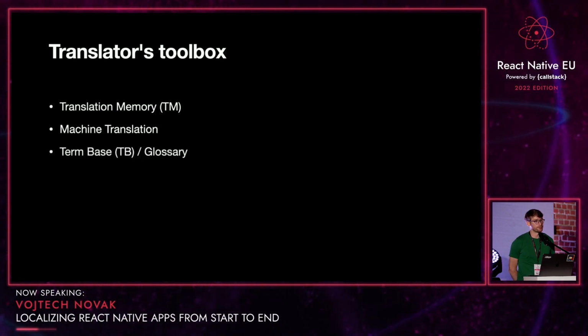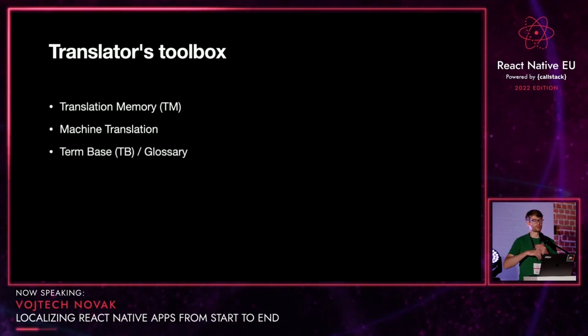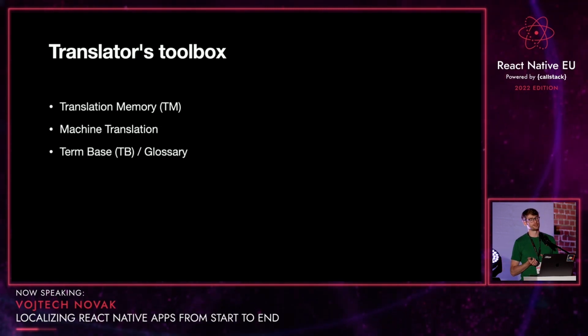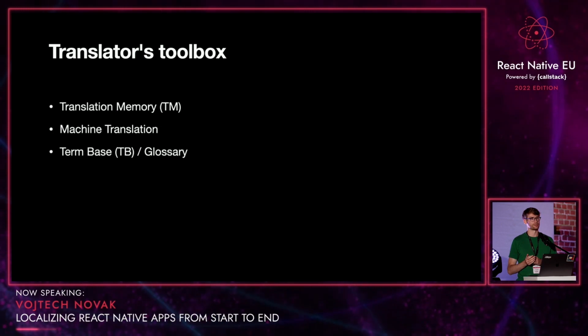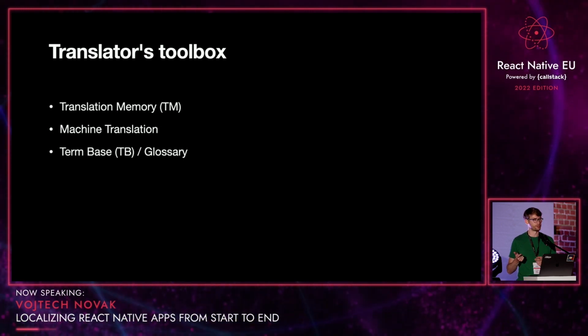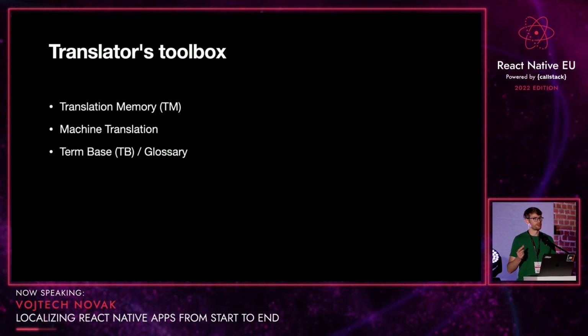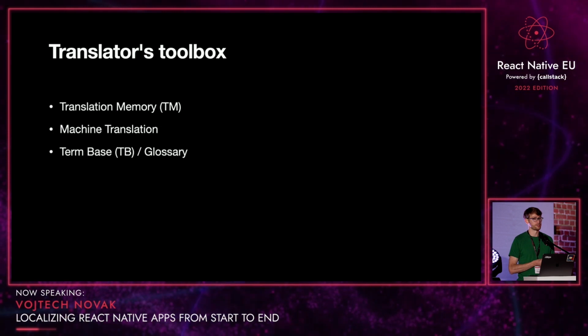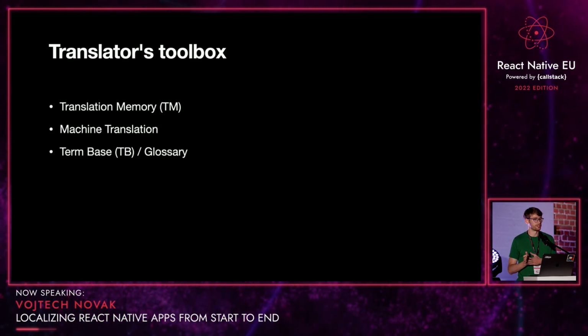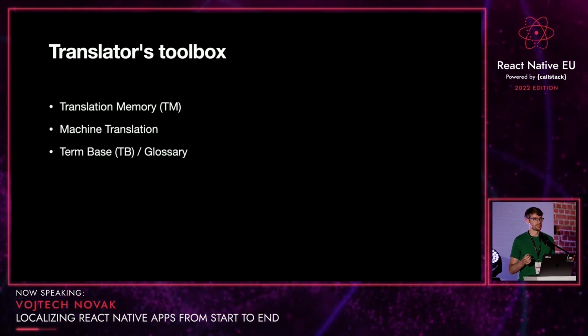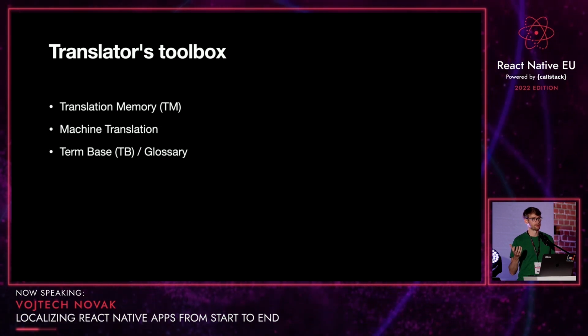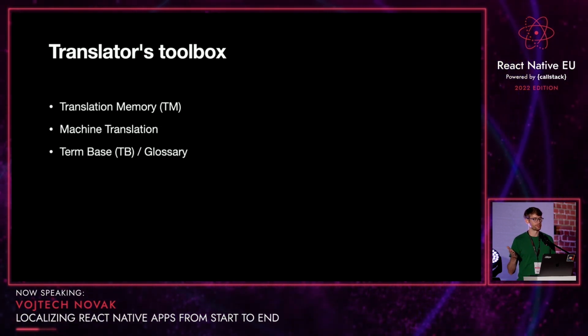Next one is term base, and so I'm going to explain this by an example. Imagine you're Apple, the company Apple, and you have a bunch of strings in your software, in your terms of service or whatever, where the word Apple is mentioned. And if you translate these strings, maybe using machine translation, chances are that the machine translation is going to translate the word Apple into the target language.